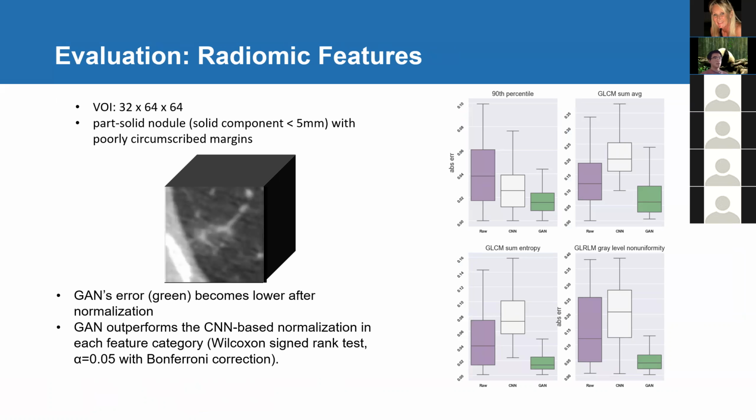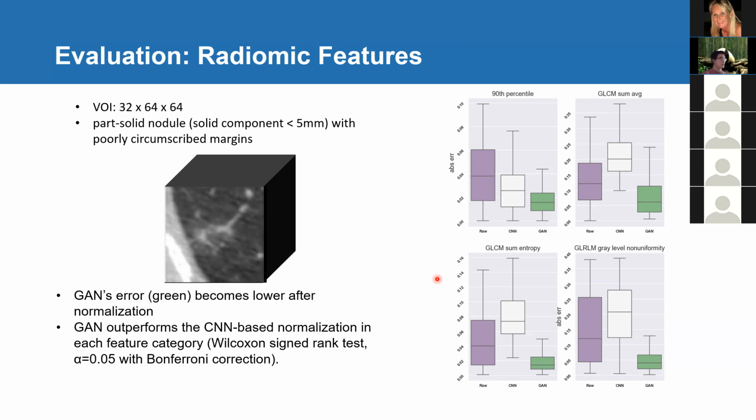Next, we look at the radiomic feature improvement. In this case, we extract a nodule in the volume of interest, which is a 32 by 64 by 64 pixel region, and compute the radiomics in this region. Then we compare the error to the reference condition. We use the Wilcoxon rank test to determine if the error is significantly smaller than the unnormalized original input.